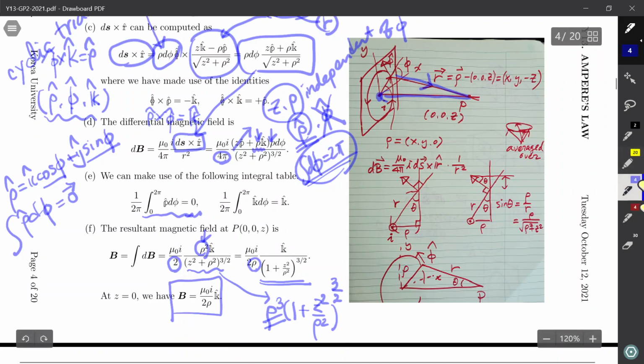At z equals 0, the magnetic field is in this direction. Even away from that point, the magnetic field is still in this direction, because it's along the symmetry axis. But if you deviate, the magnetic field should be something like this direction.